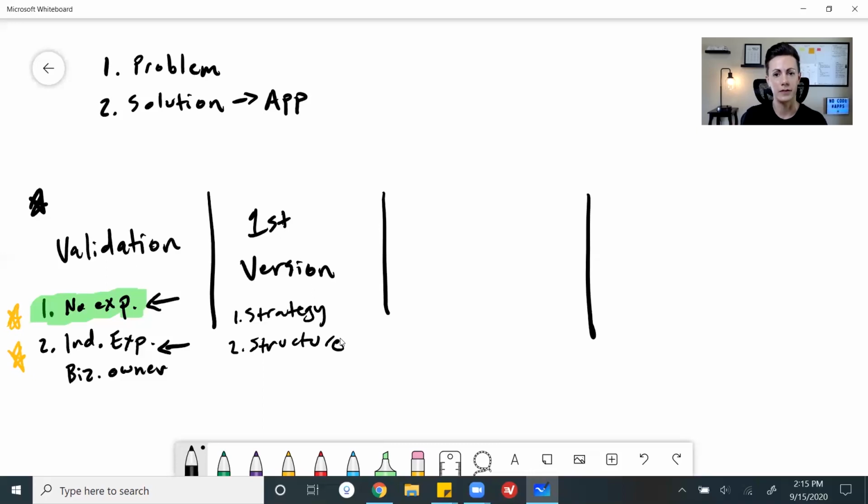So you need to make sure that the structure is sound. You can compare this to building a house and laying a solid foundation on which you will build that house, right? It has to support everything else that you're going to build moving forward. Any renovations that you're going to do, any additions that you're going to make, that foundation is always going to be there. And if the foundation is not solid, then nothing else is going to be reliable.